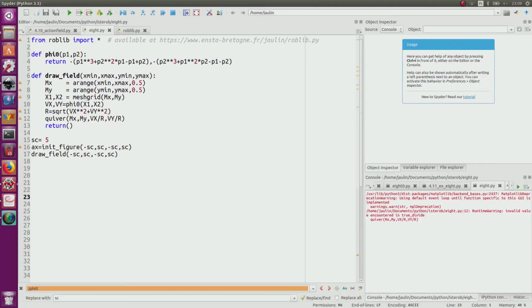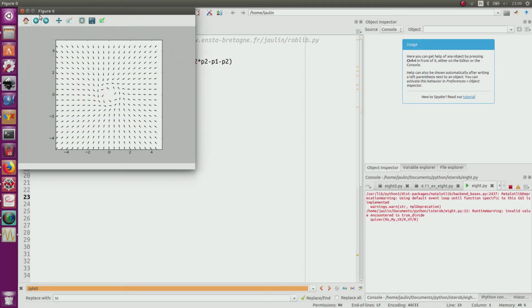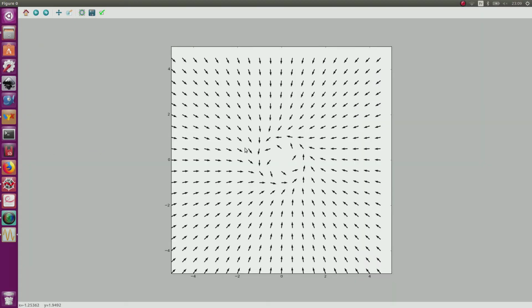If I go to Python and start the program, I am able to see here the vector field with the limit cycle I can guess.